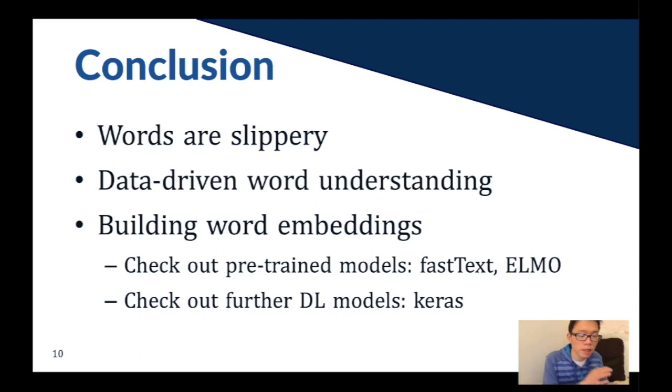So anyhow, the conclusion is that words are slippery and it's hard to pin down an exact meaning, but when we're trying to understand words with computers, we look at tons and tons of data and try to use the data and the contexts in and around words to understand what they mean. So we talked about trying to build word embeddings.